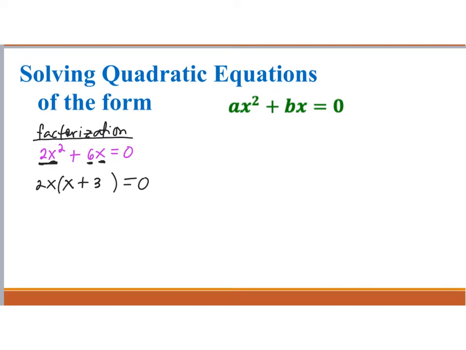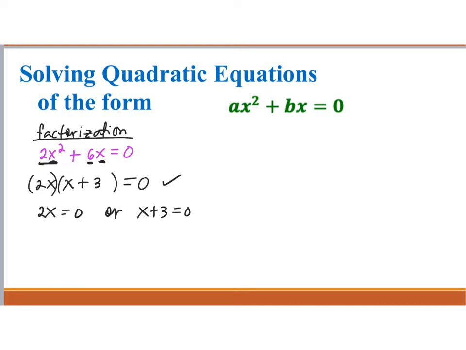So what we now have are two numbers, 2x and x plus 3, multiplied together to give 0. So we can now apply here the zero product property, or the null factor law. And that allows us to write this equation into two simple linear equations, 2x equals 0 or x plus 3 equals 0.